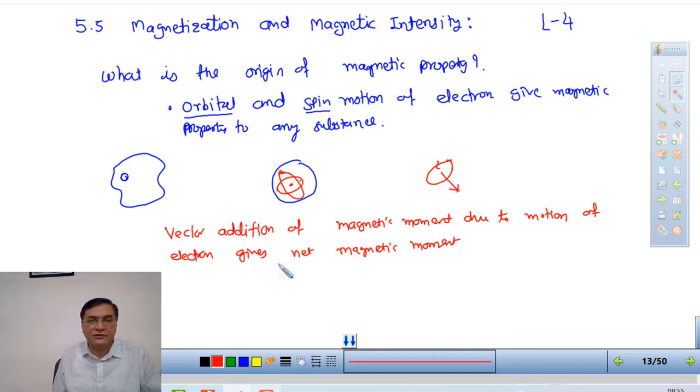So I write, it gives net magnetic moment. Any bulk material may have net magnetic moment or may not.